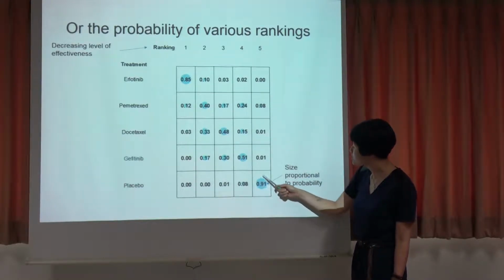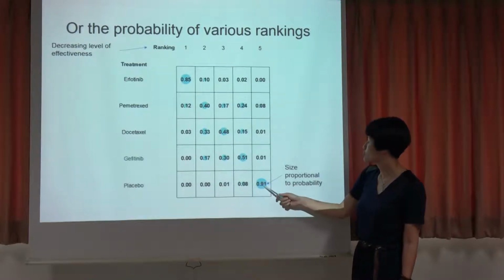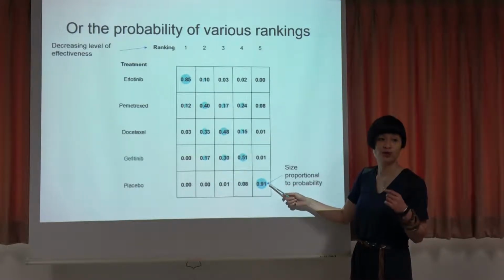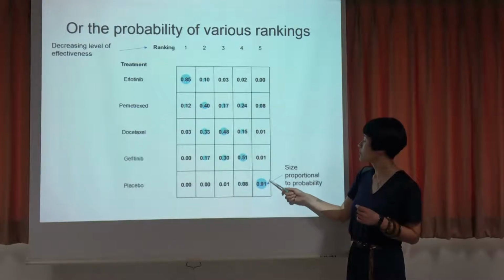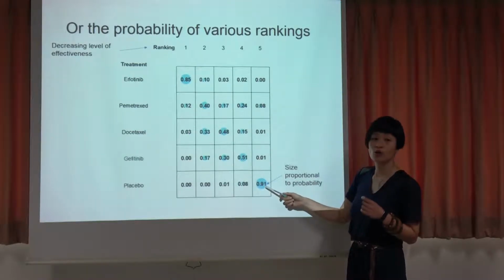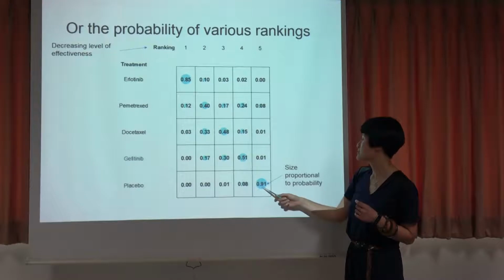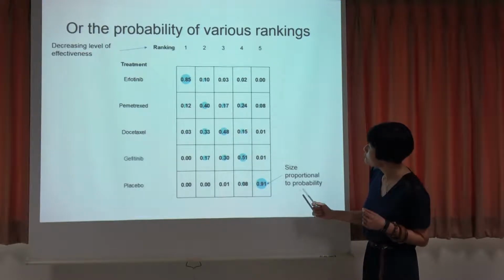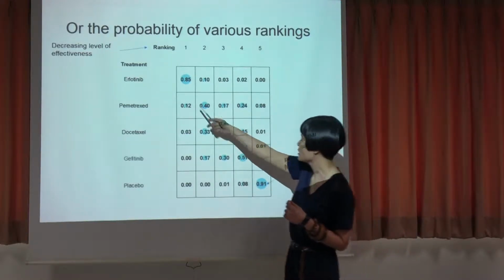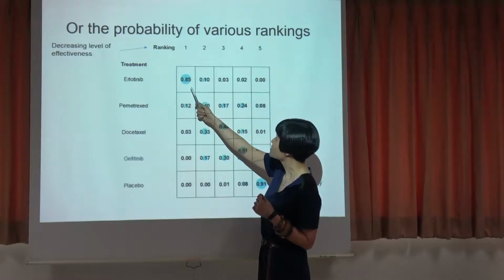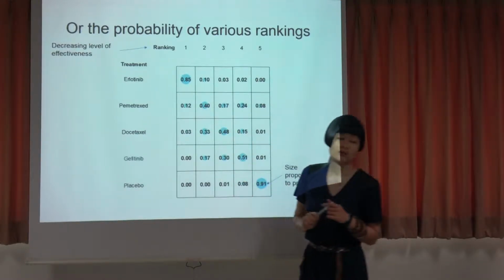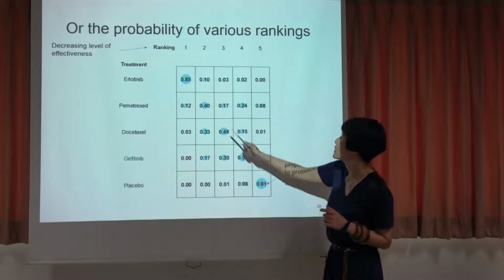So this circle is proportional to the probability. In these graph outputs, you often see 0.91, almost close to 100% certainty, and you've got the biggest circle. Now for this treatment, erlotinib, it's got the highest probability of being ranked the most effective, 0.85.